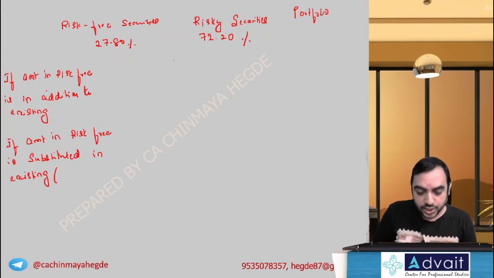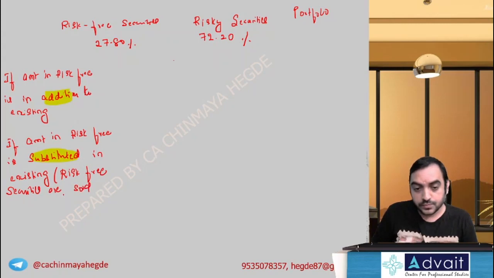So one is in addition and one is substituted to existing. Substituted means what? Existing risky securities are sold proportionately.